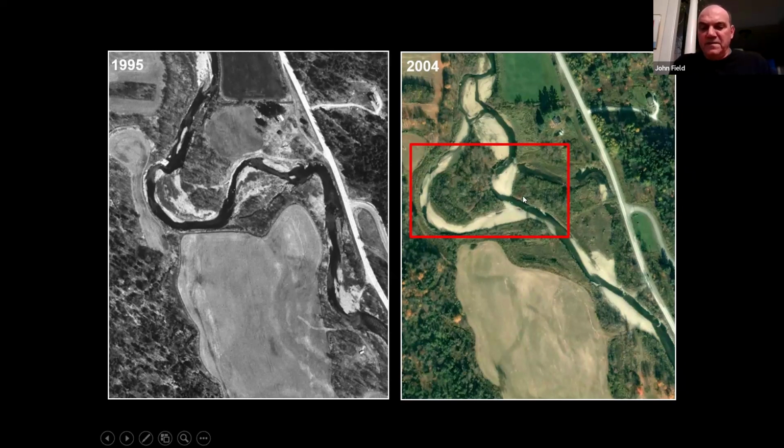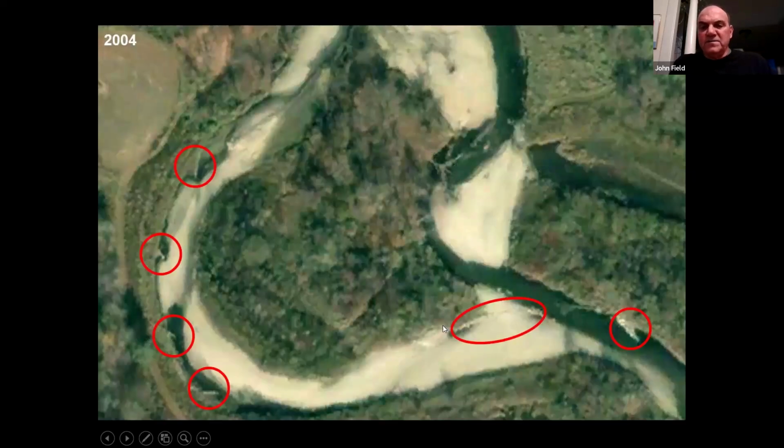And zooming in on this red box area, you can sort of see the block that they had built across the side channel. And then they built a number of structures in this section of channel to sort of train the river into a single position.